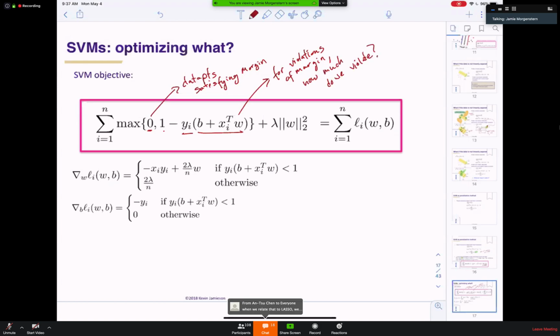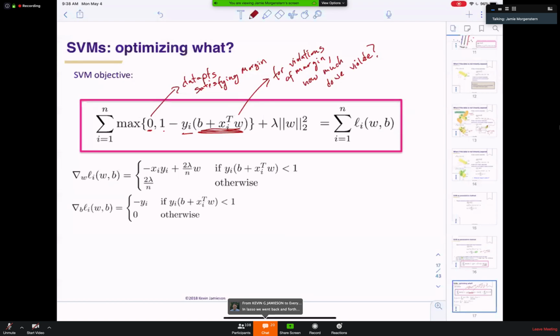Okay, so notice that there's a yi here, which we've seen a number of different times. That's just making sure that we're accounting for the fact that our decision rule has some sign, and that sign being equal to yi means we're making the correct prediction for xi, in the sense that yi is equal to the sign of the prediction that we were looking at before, and otherwise not.